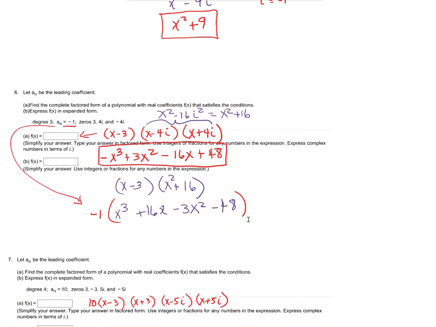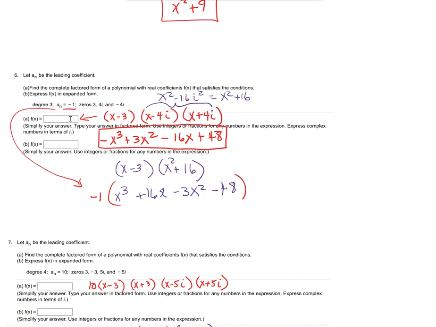Let's do the same thing with number 6. You have an a sub n, the leading coefficient, so that will be here. But we have zeros of 3, 4i, and negative 4i. So factored form, x minus 3 times x minus 4i times x plus 4i. If I go ahead and multiply these two together, I get x squared minus 16i squared.